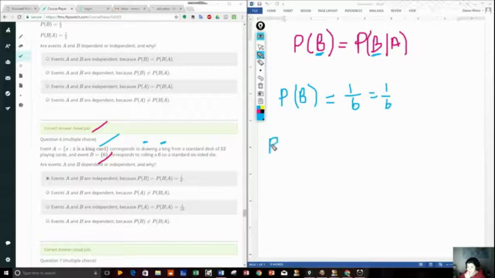So then probability of B given A is going to equal the probability of B and A divided by the probability of A.